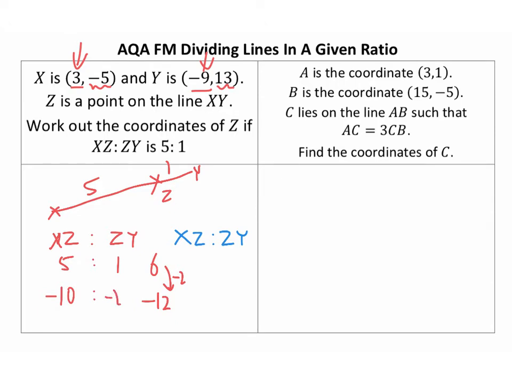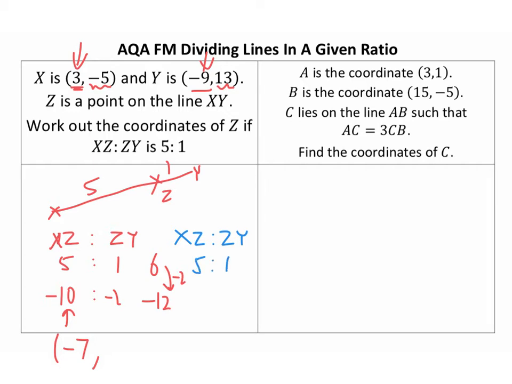Now, from the 3, I've got to go minus 10. So from 3, I've got to go down 10, so it's minus 7.